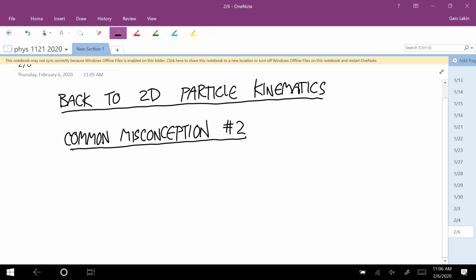And that is that people often think horizontal motion affects how gravity acts on an object.